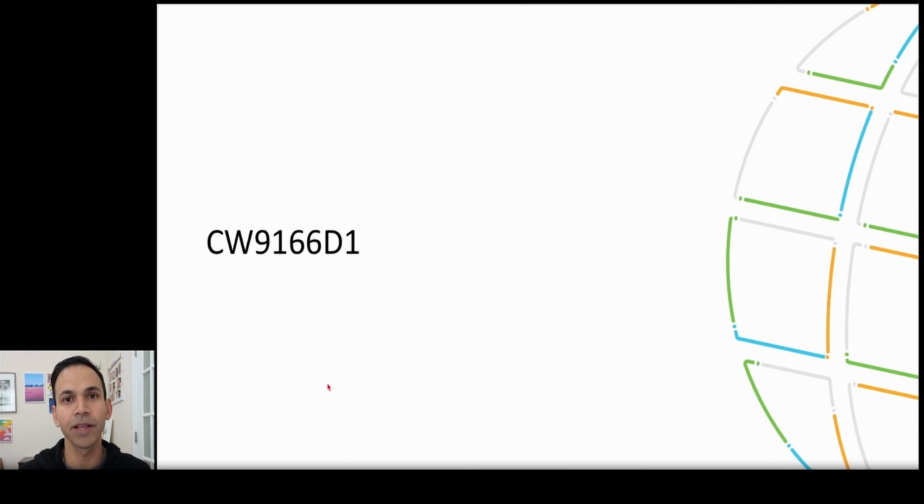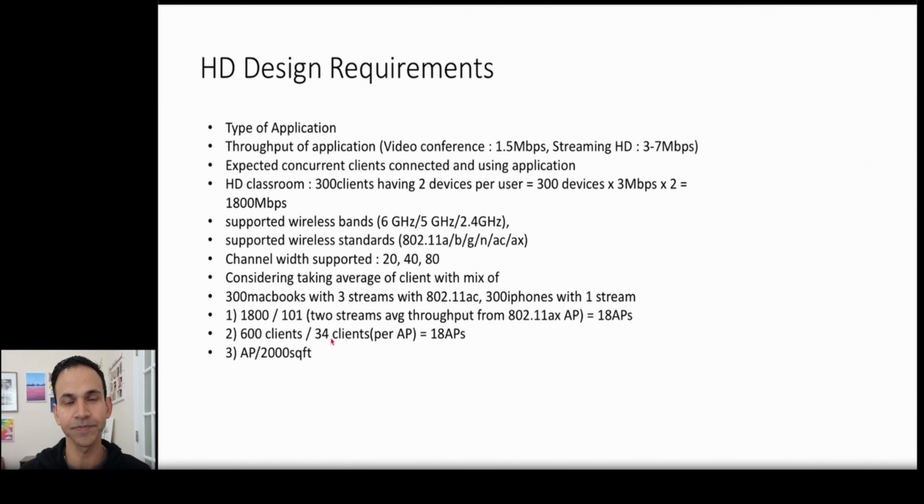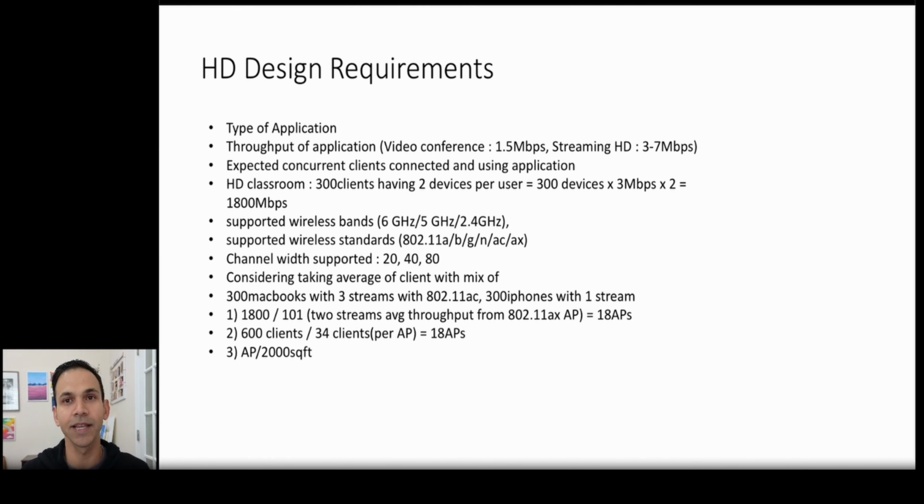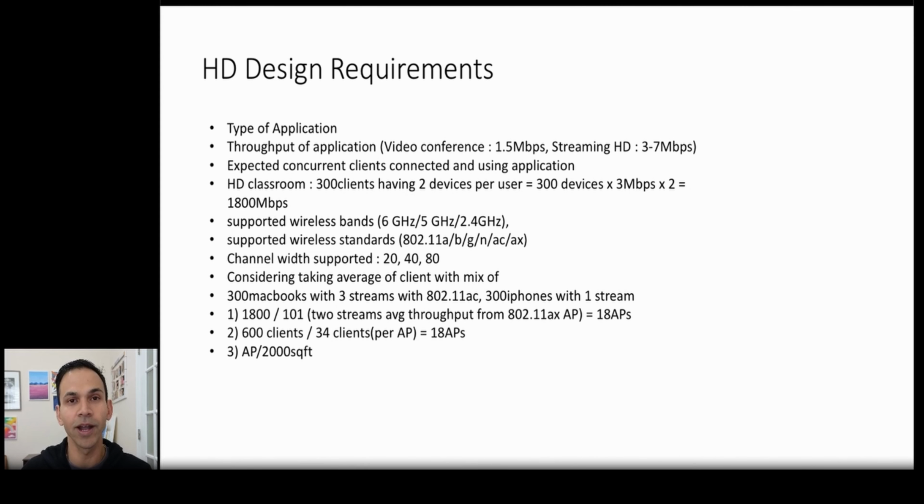Before we begin, let's try to understand the purpose and design for it and where we actually use it. In high density design, it is required to understand how we design it before we go ahead and configure it on any platform.